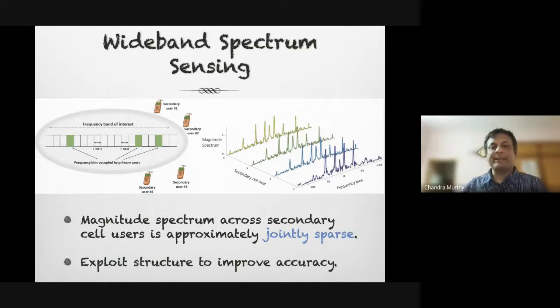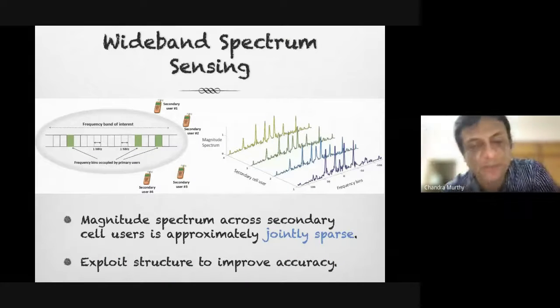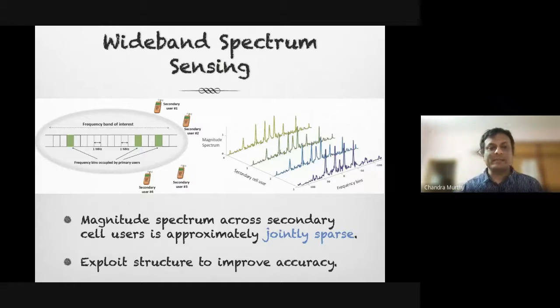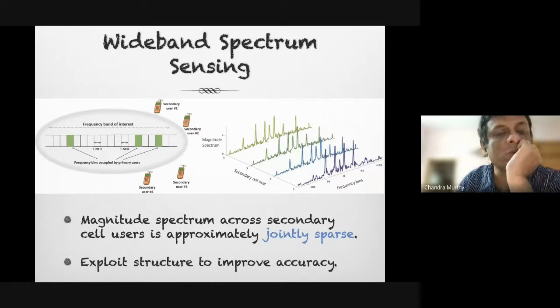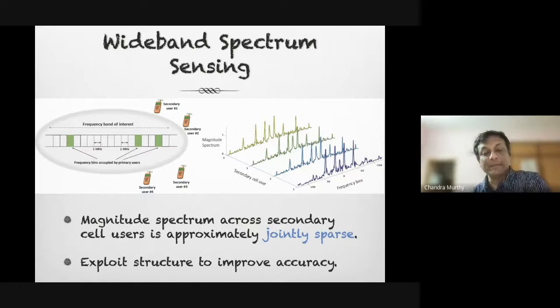This has a wide variety of applications. For example, if you're trying to do wideband spectrum sensing, these are secondary nodes in the picture here, which are all trying to sense the spectrum. And what they do is sample the signal over a wide frequency band of interest. And then out of the wide frequency band, only a few bands are occupied by primary users.